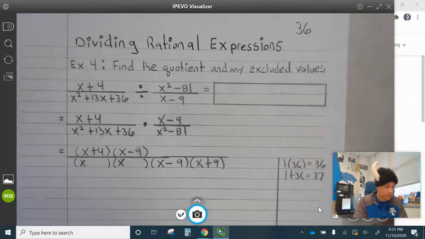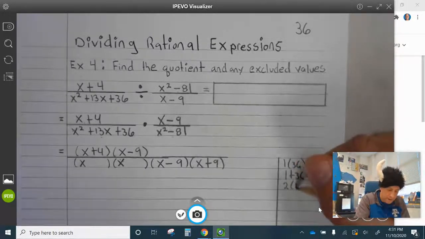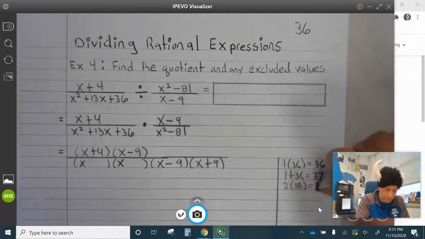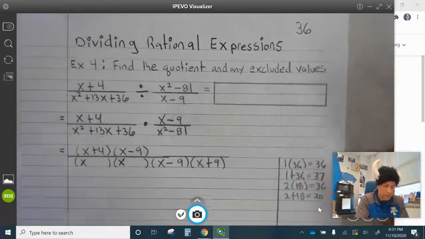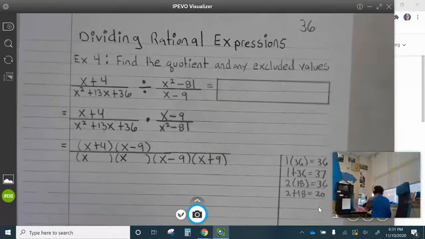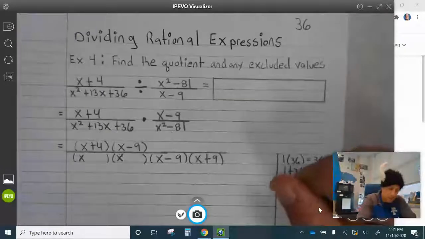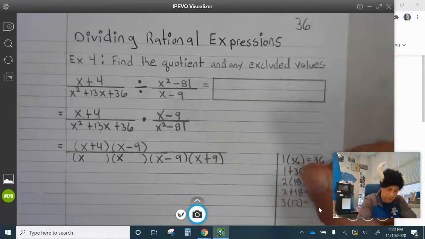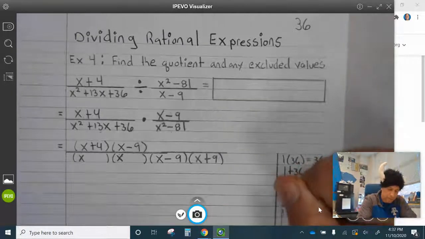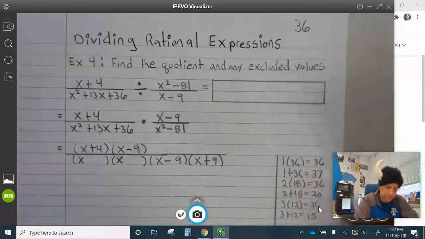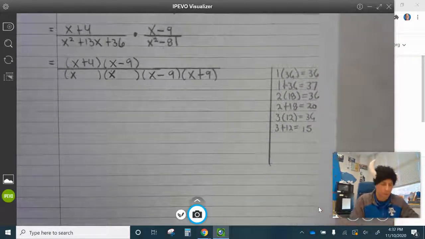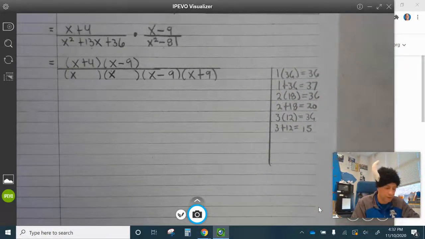That doesn't work. 2 times 18 is 36. 2 plus 18 is 20. We're getting closer to 13. Okay. Now let's see. 3 times 12 is 36. 3 plus 12 is 15. Okay. That doesn't work, but we're getting closer to 13.